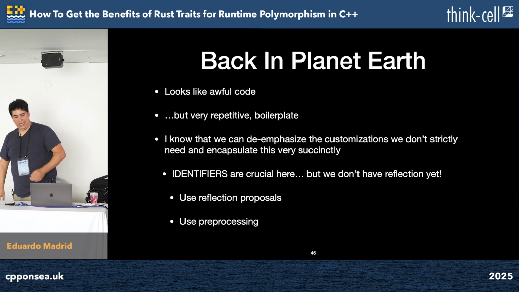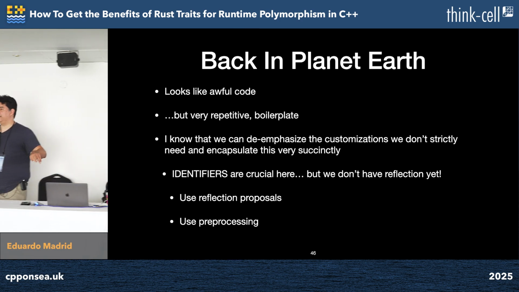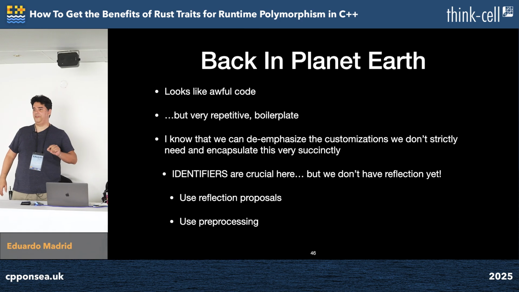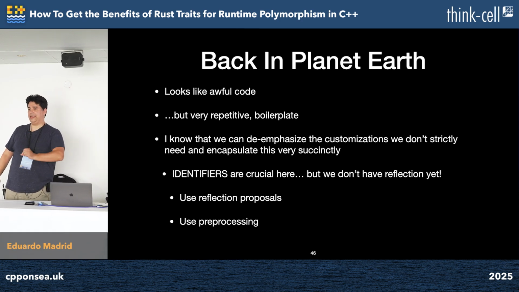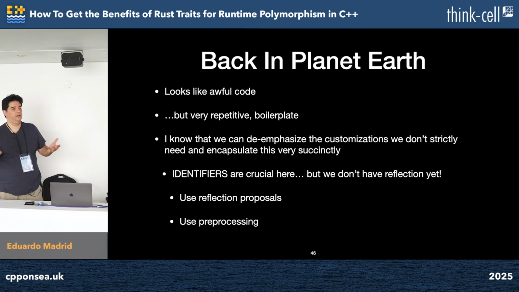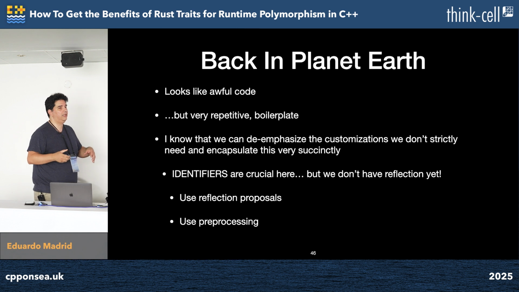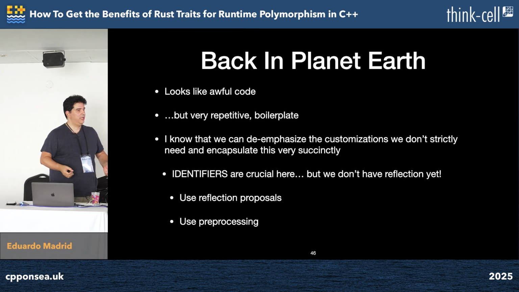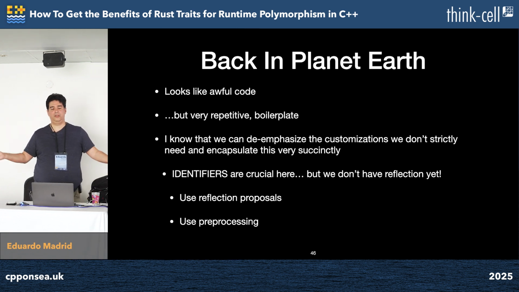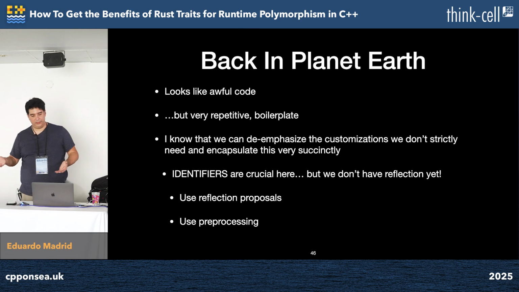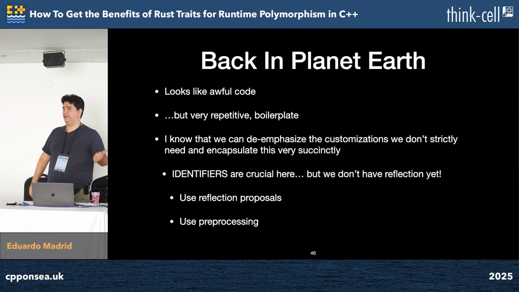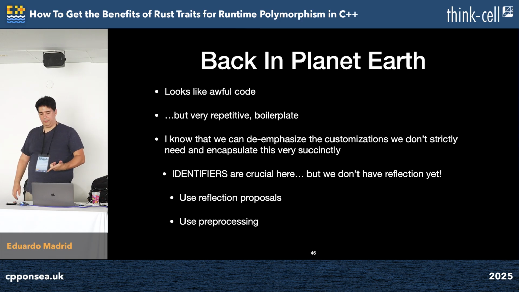The really hard problem that we run into is that this is all driven by identifiers. And as of right now, C++ doesn't have any real way to deal with identifiers in code. That presents us with a pick your poison choice. And the primary two poisons that we are allowed to choose are to use reflection proposals ahead of time or to use preprocessing.